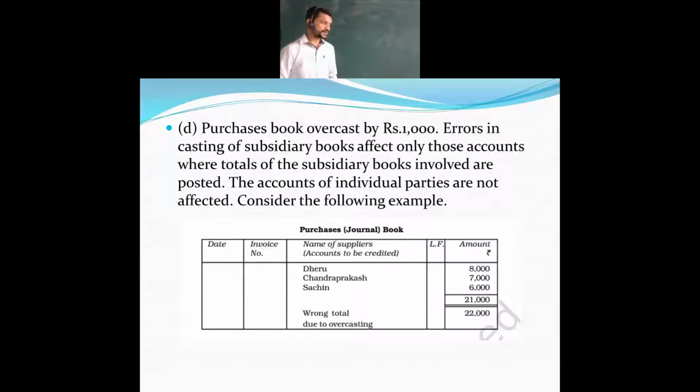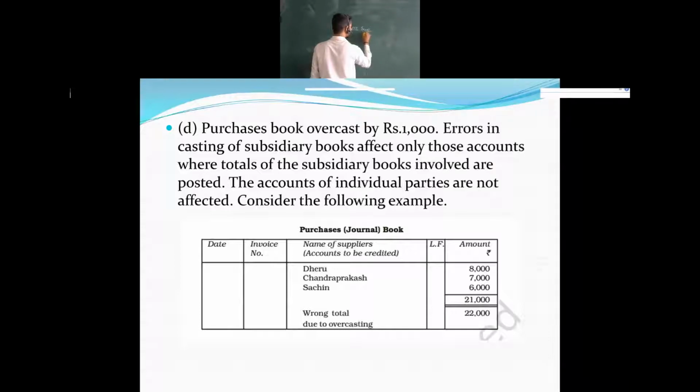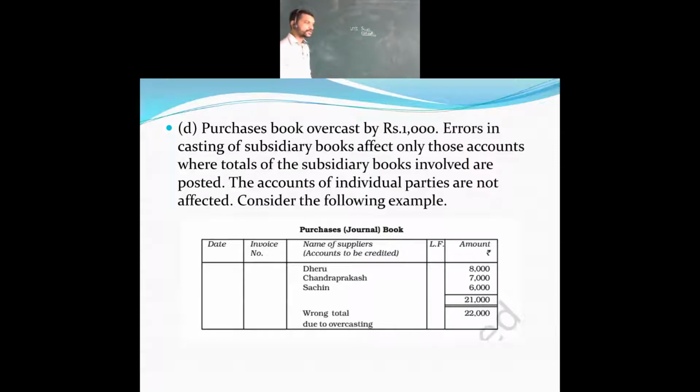All the subsidiary books' entries are posted here. The accounts of individual parties are not affected. Here there is a wrong amount. Now it has been told overcasted. Overcasted means 1,000 has been made in excess. Overcast means an excess amount is given to the purchase account.